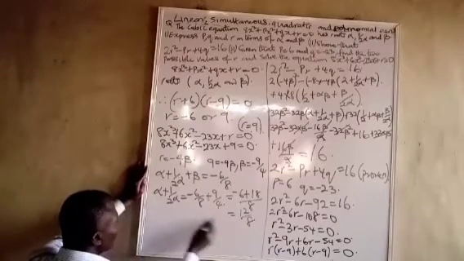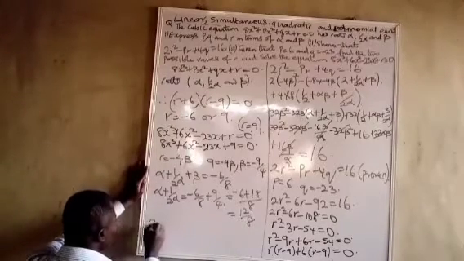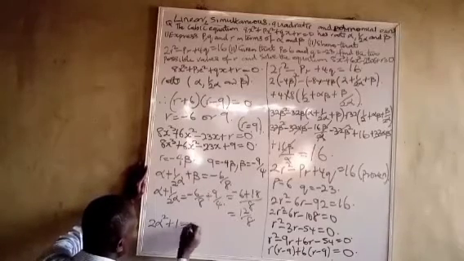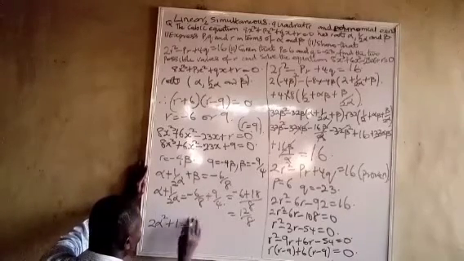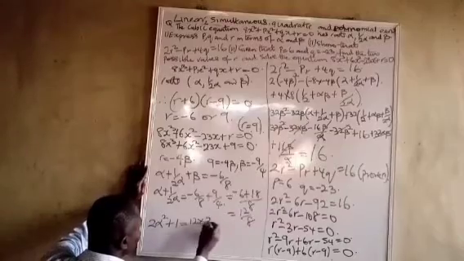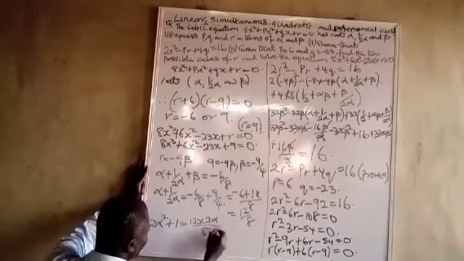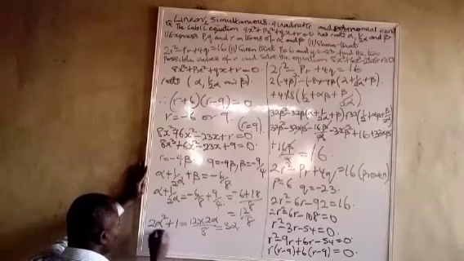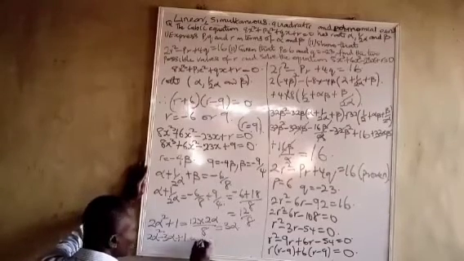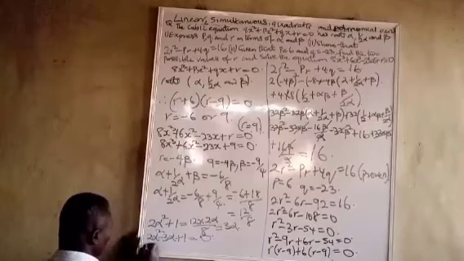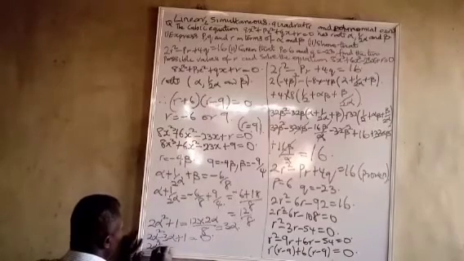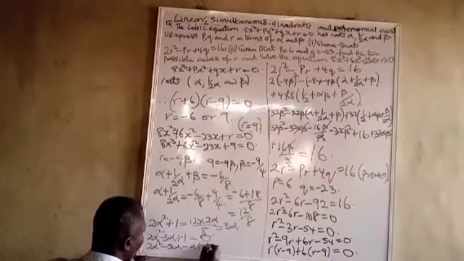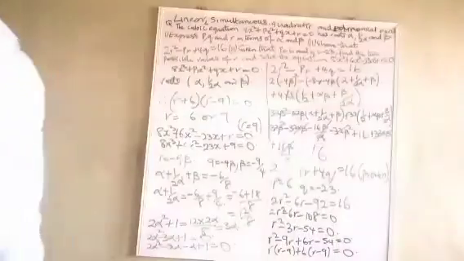So, multiplying by 2 alpha: 2 alpha squared plus 1 is equal to 12 times 2 alpha over 8, which is 3 alpha. Therefore, 2 alpha squared minus 3 alpha plus 1 equals 0. So 2 alpha squared minus 2 alpha minus alpha plus 1 equals 0.